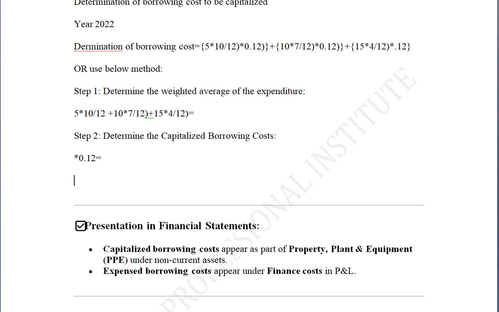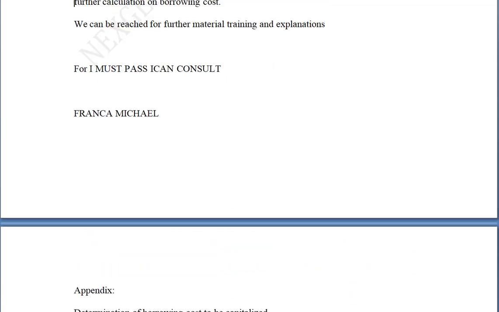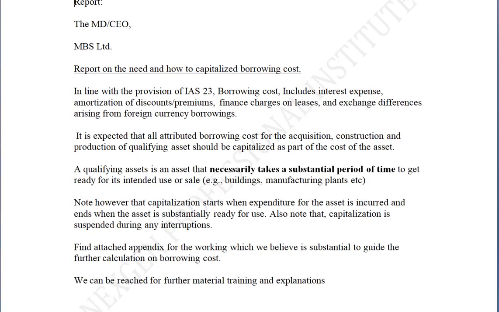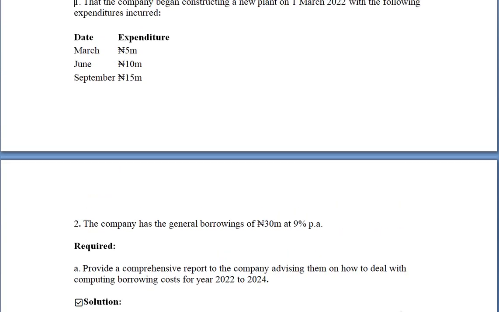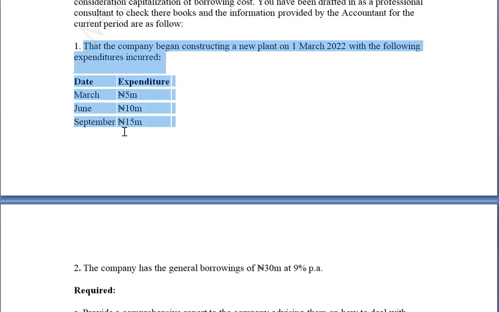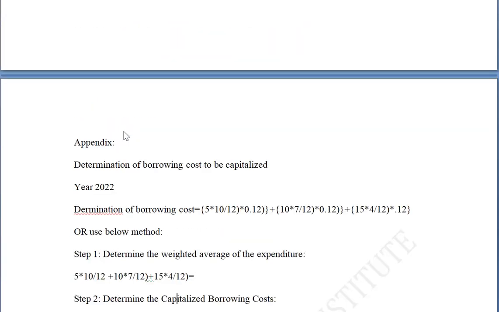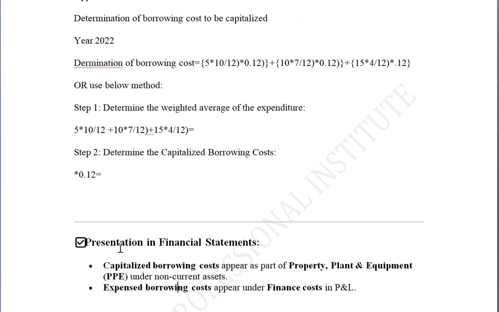Let's assume that, for instance, in this question that we have looked at now, let me just copy that example, the company actually began construction. Let me copy this so I won't obstruct it. I want to demonstrate something here.